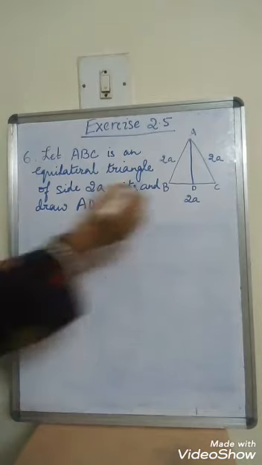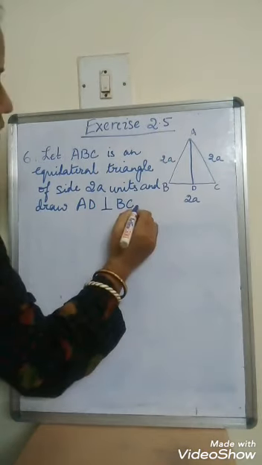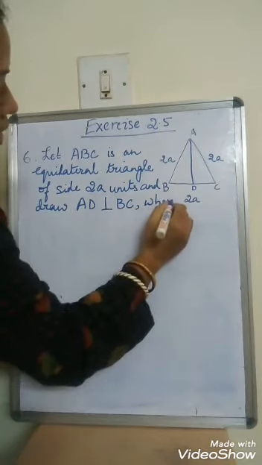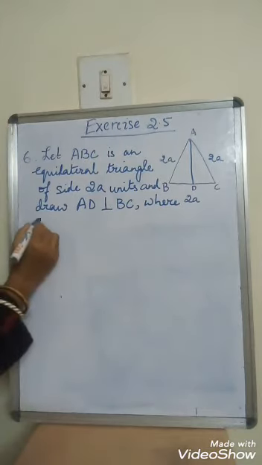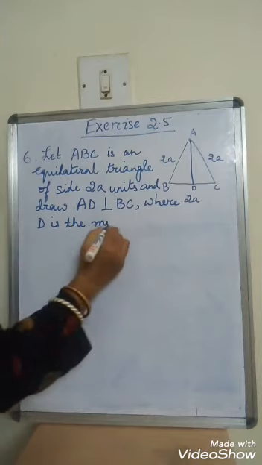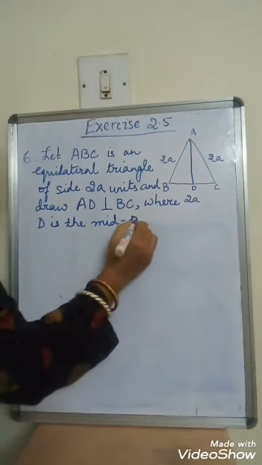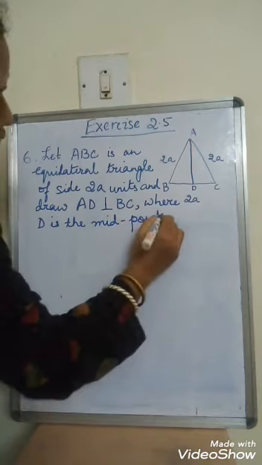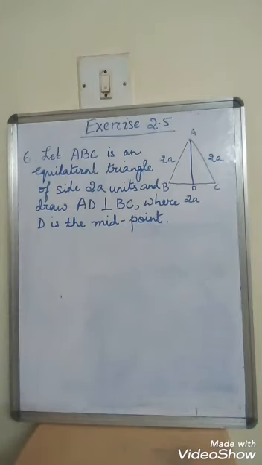And here we have named it D, where D is the midpoint. D is the midpoint, right? So this is what we have drawn.